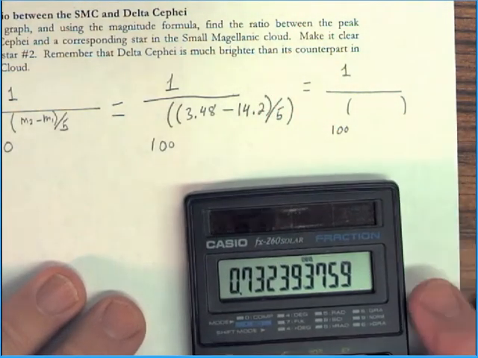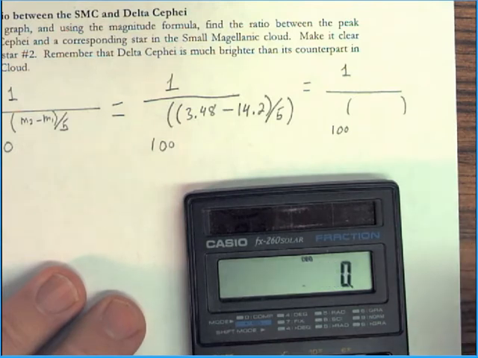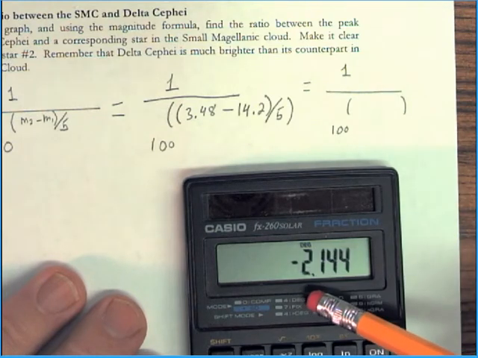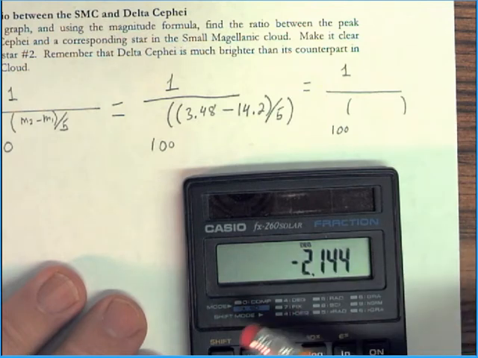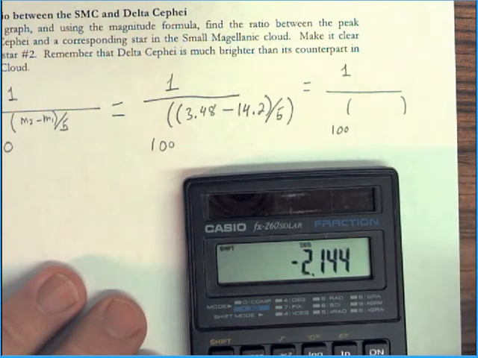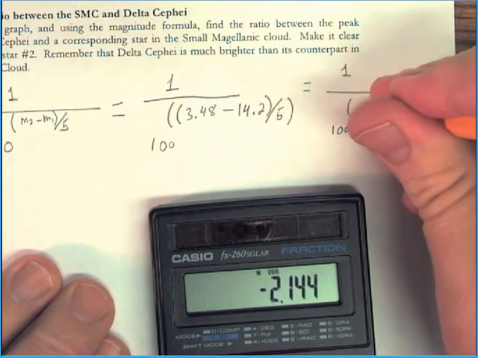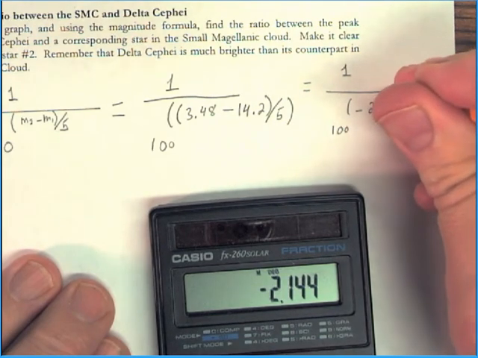So let's try that. Clear, I'm going to say 3.48 minus 14.2, I hit equals, and then I'm going to divide that by 5, and I'm going to get negative 2.144. And for convenience, I'm going to stick it in memory. So now I can write down right here negative 2.144.